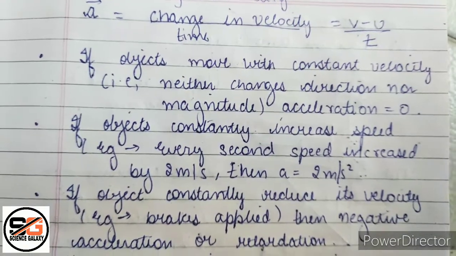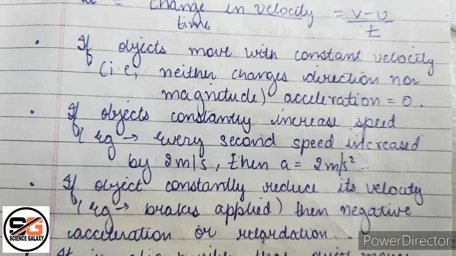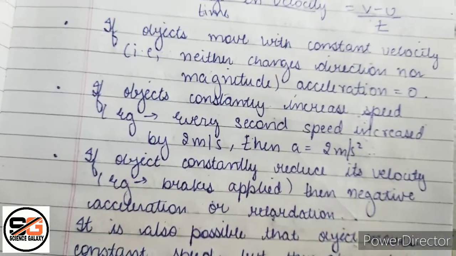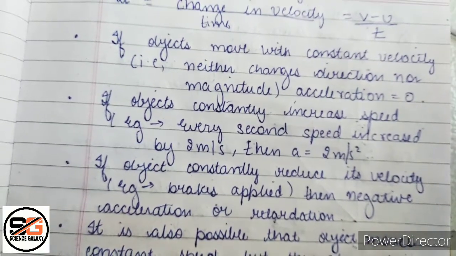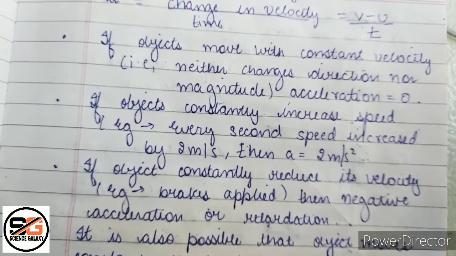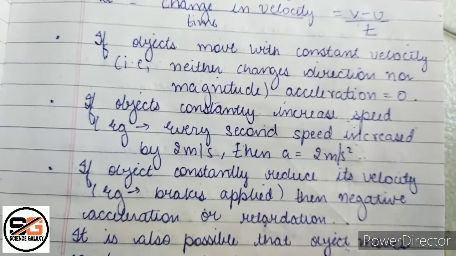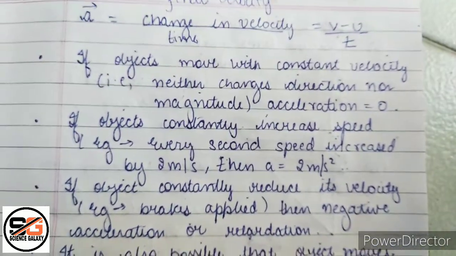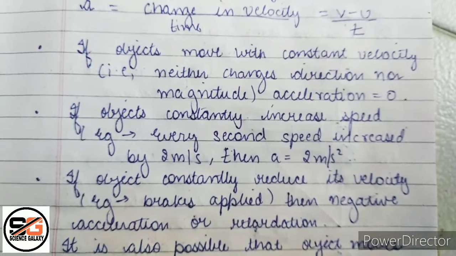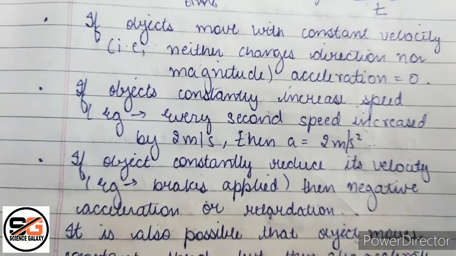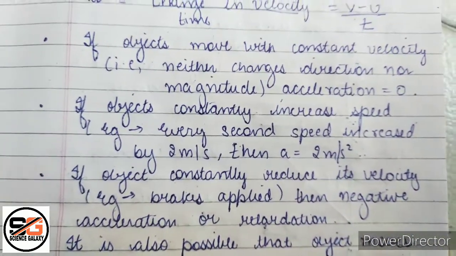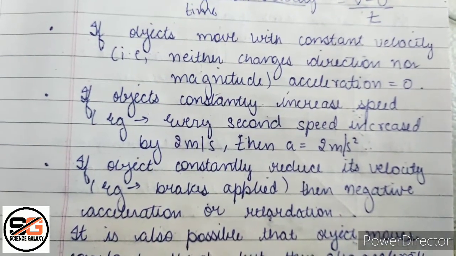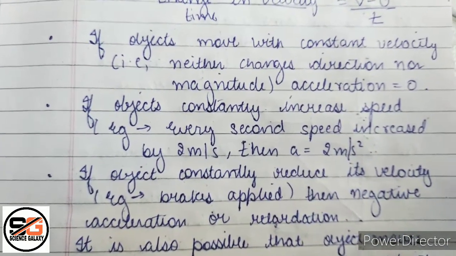If the object moves with constant velocity, it means no change in direction and no change in magnitude, because velocity depends on two things, direction as well as magnitude. So constant velocity means a constant direction with a constant magnitude, and the acceleration will come out to be 0. That means v is equal to u.